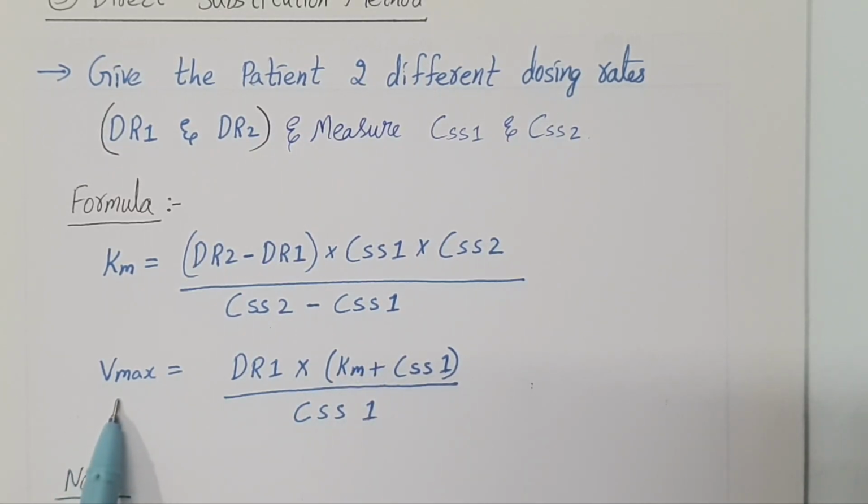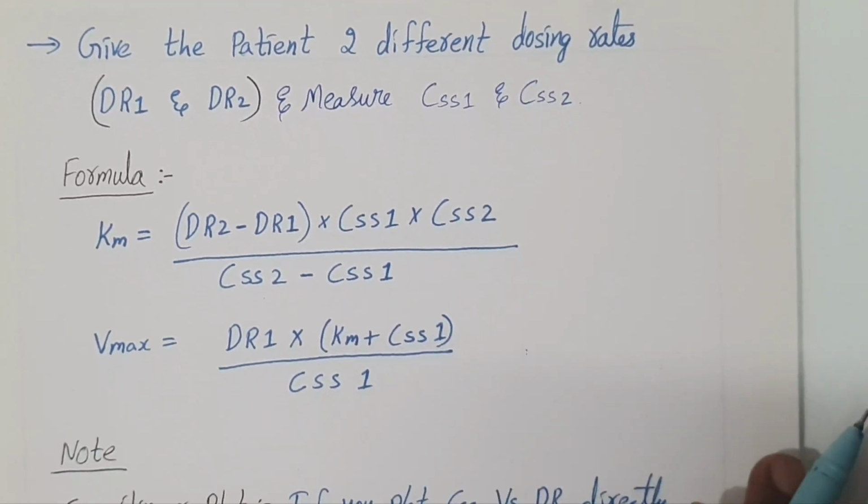Then the Vmax formula is DR1 multiplied with Km plus Css1 divided by Css1. Why do we use this method? Because it's a shortcut method, with no need for a graph. It works very well for quick calculations.